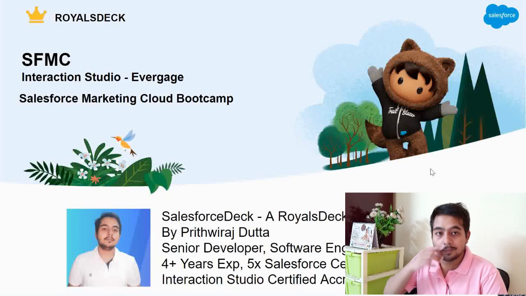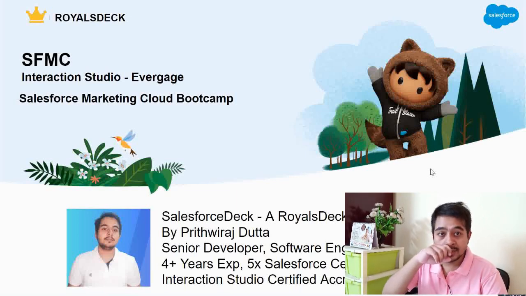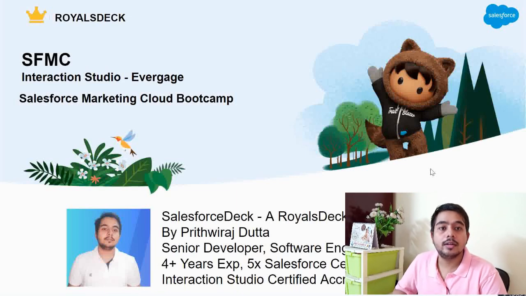Let's say this particular user is interested in a particular type of product, for example shoes. If this user is interested in shoes, we will show shoe-relevant banners, info bars or advertisements. That is the purpose of Interaction Studio, to customize.